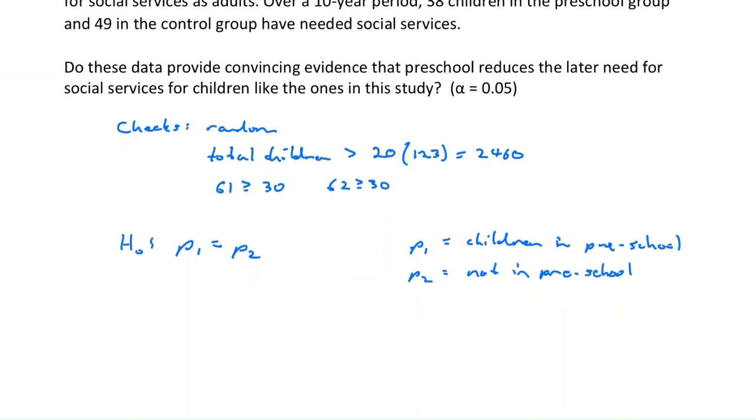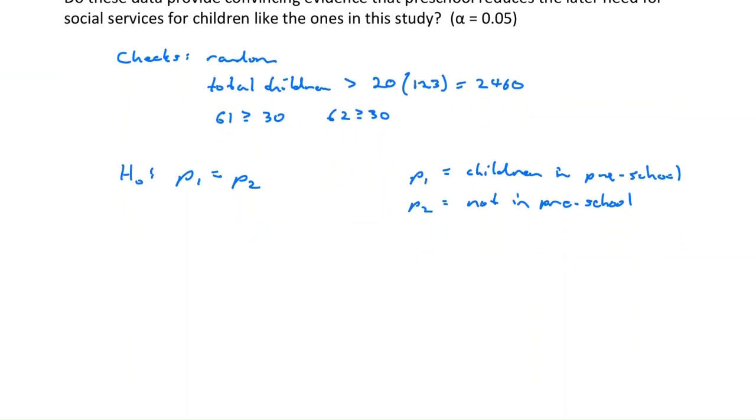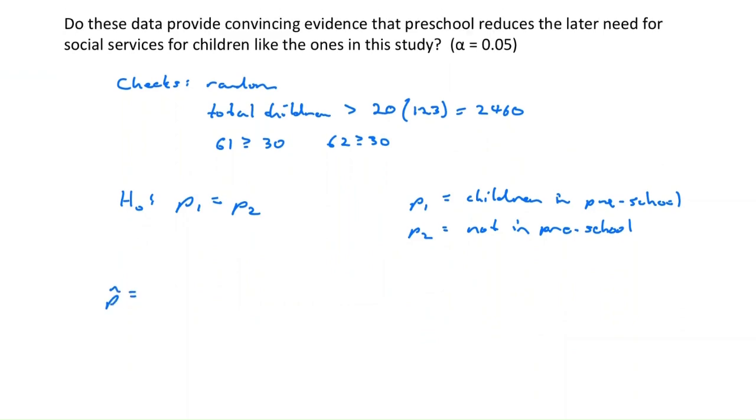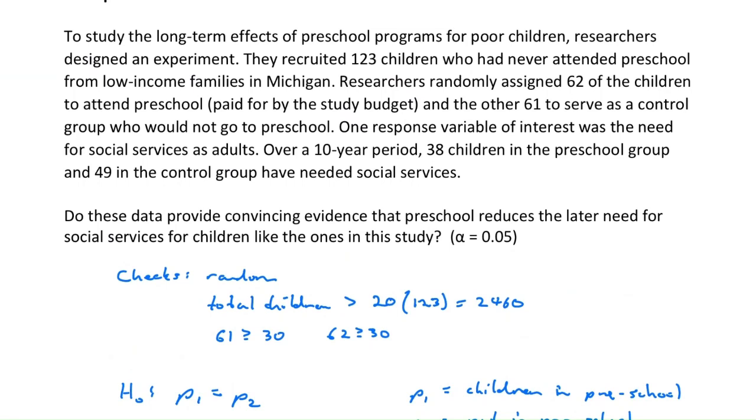Okay. So again, like before, we're going to find P hat, P1 hat, and P2 hat. So P hat is, we had a total of 38 who needed services and 49 who needed services.